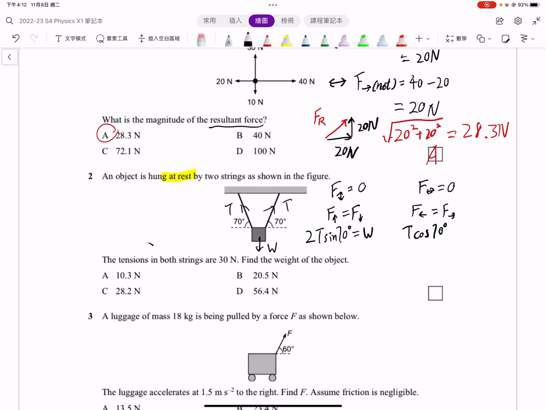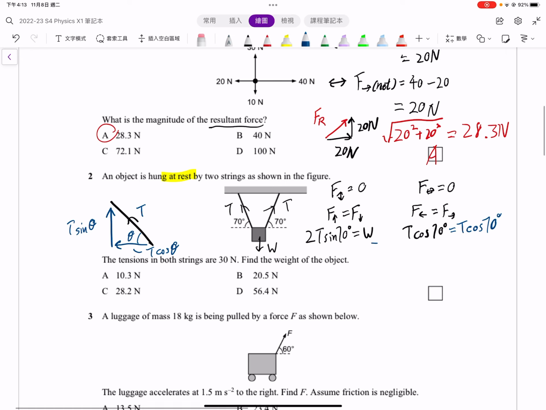Now let's see, the T is in this direction and it has two components. One is vertical, one is horizontal, and the angle is here. So this one is T sine theta and this one is T cosine theta, like this. Both of them are similar. So equals to T cosine 70 degrees.